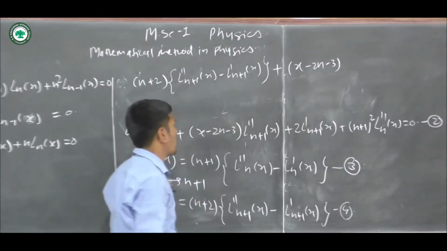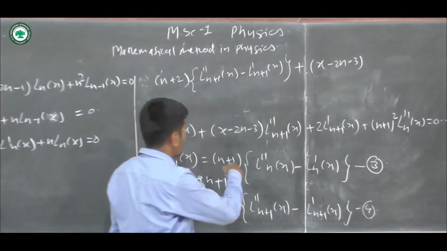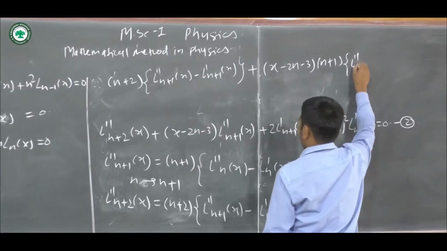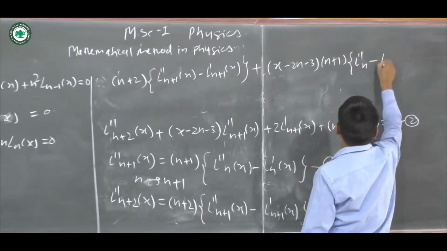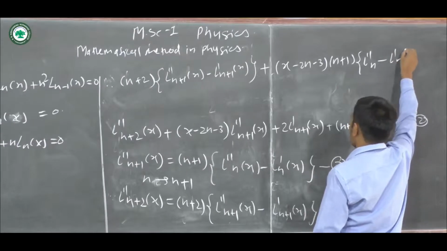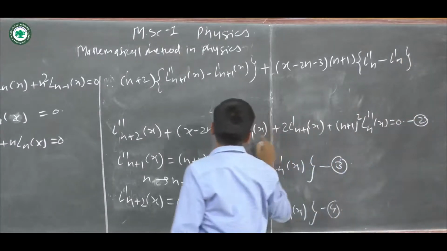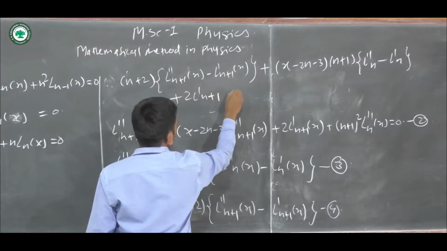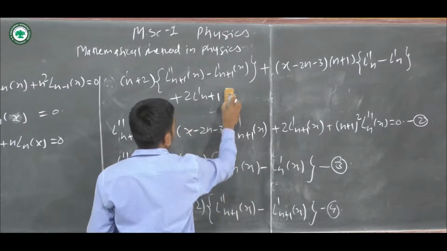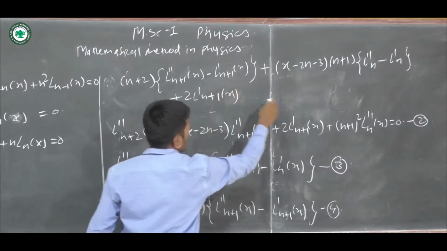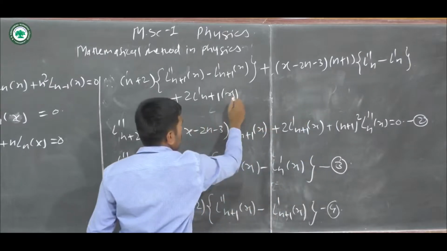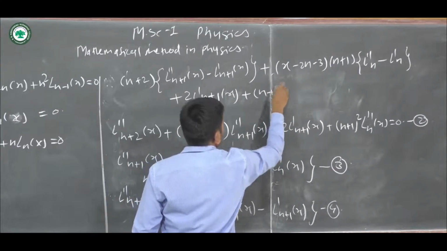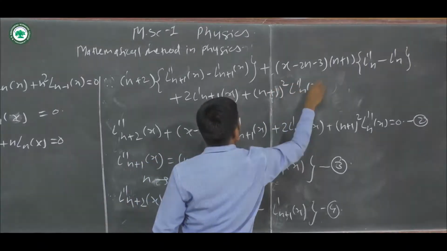Now this L double prime n plus 1 I replace with this thing, so it is (n plus 1) L double prime n minus L prime n, and plus 2 L prime n plus 1, plus (n plus 1) bracket squared L double prime n of x.